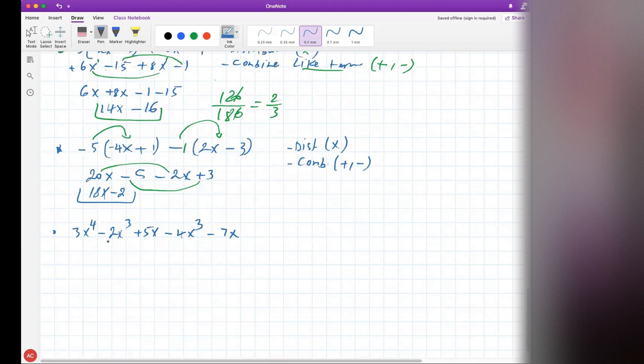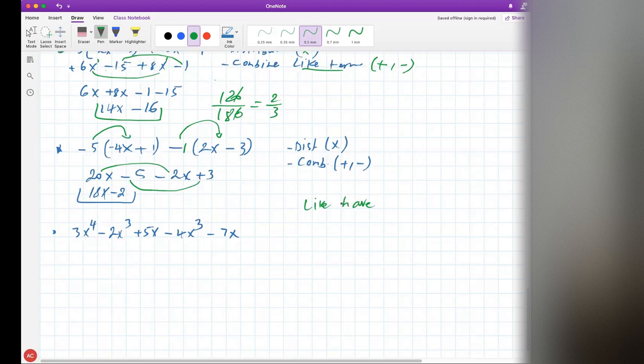All right, so what do you think we can combine here? 3x to the fourth, then minus 2x to the third, minus 4x to the third. Okay, so like terms have to have the same what? Same variable and same power.